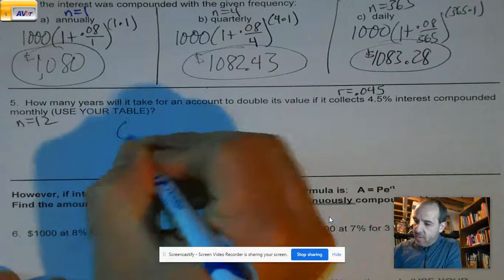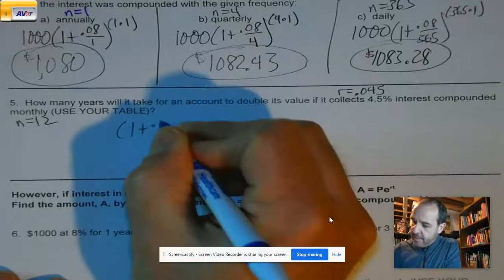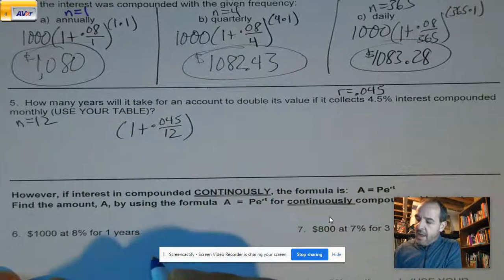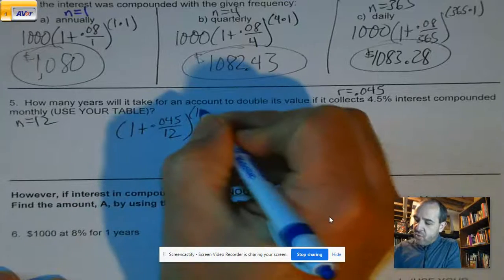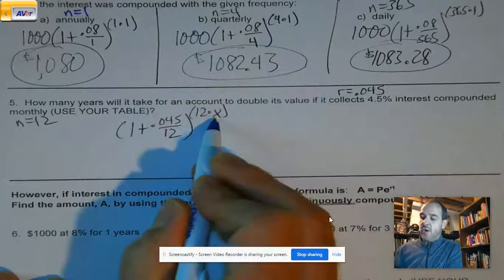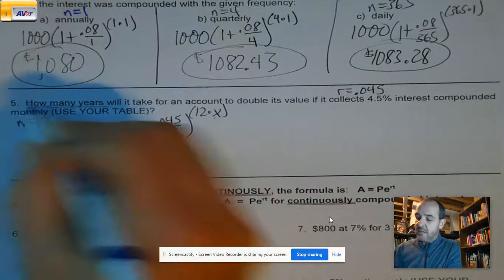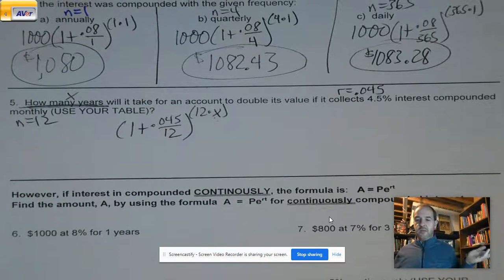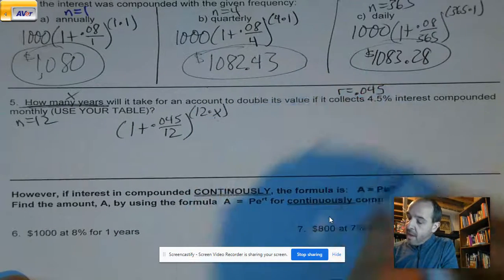Like I've got the 1 and the 0.045 and the 12 and the 12. Now, I don't know what that number is. I don't know how many years. That's my X, but they didn't tell me the principal. What do I do?